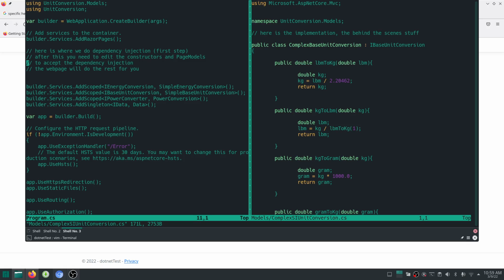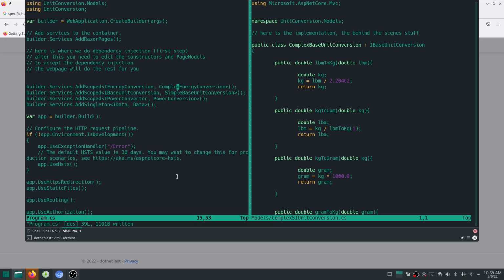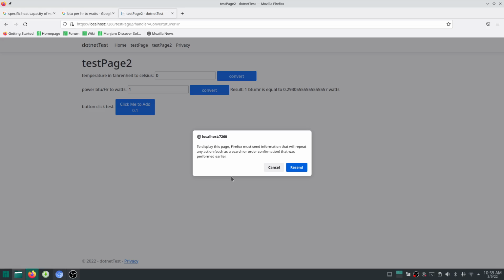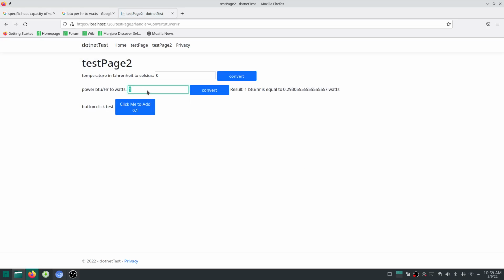I can change this from simple energy conversion to complex energy conversion, and then it will resend. I can change the 1 BTU per hour to watts, and you see here nothing actually changes, because hot reload does not reload all your services.